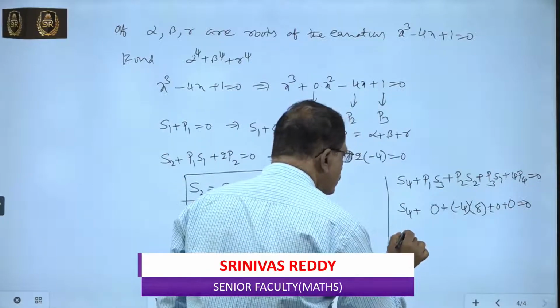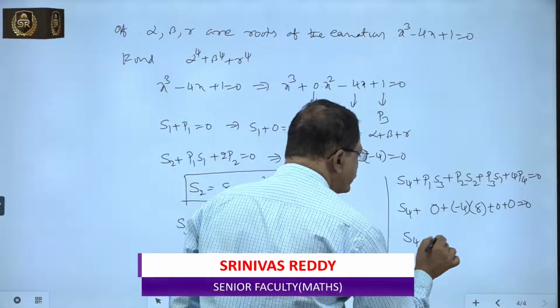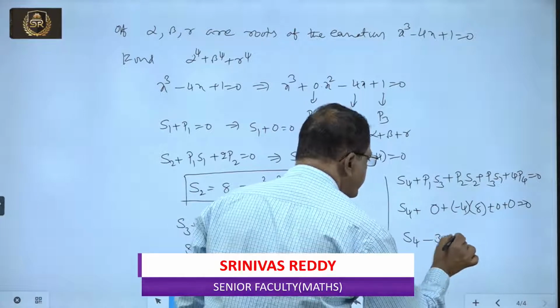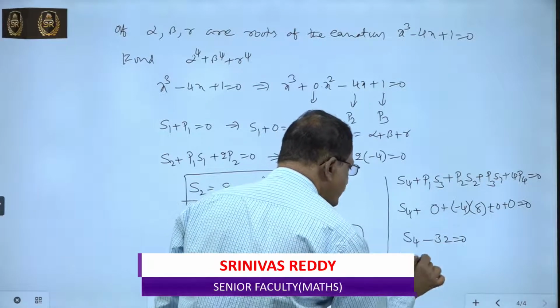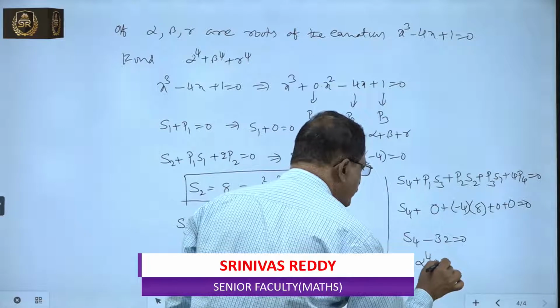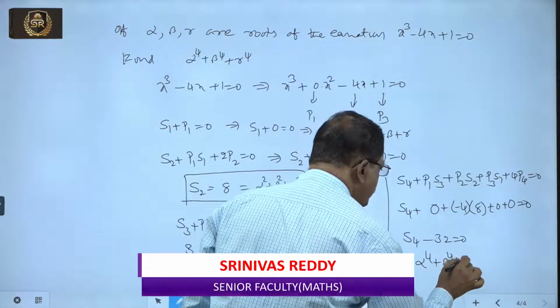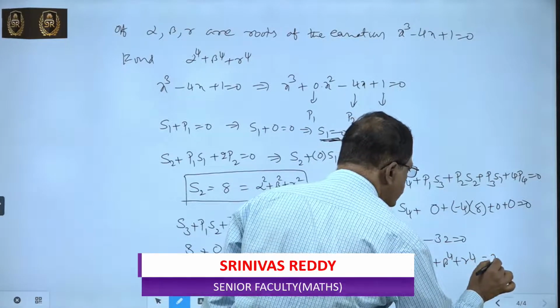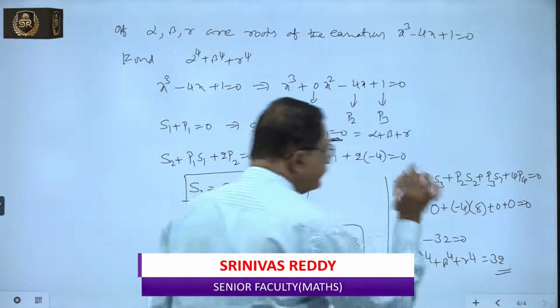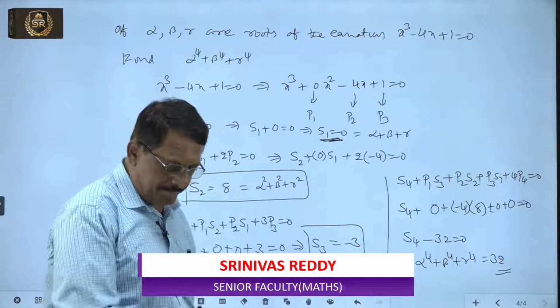Now S4 minus 32 equals 0. Therefore S4, nothing but alpha to the power of 4 plus beta to the power of 4 plus gamma to the power of 4, equals 32. 32 is the answer.